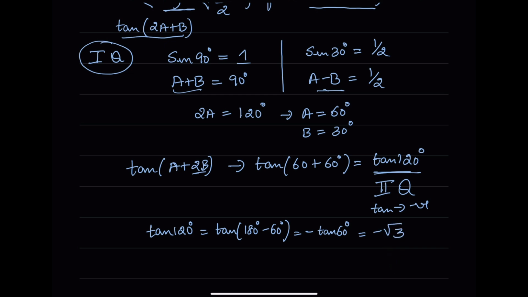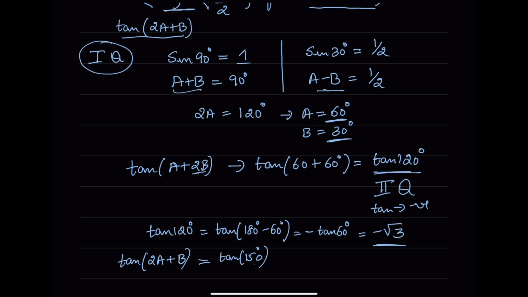Okay. Now we know tan of A plus 2B is equal to minus square root of 3. Now the next question is tan of 2A plus B. Now what is 2A plus B? 2 times 60 is 120 degrees plus 30 degrees, which is 150 degrees, correct? So we have to find tan of 150 degrees.